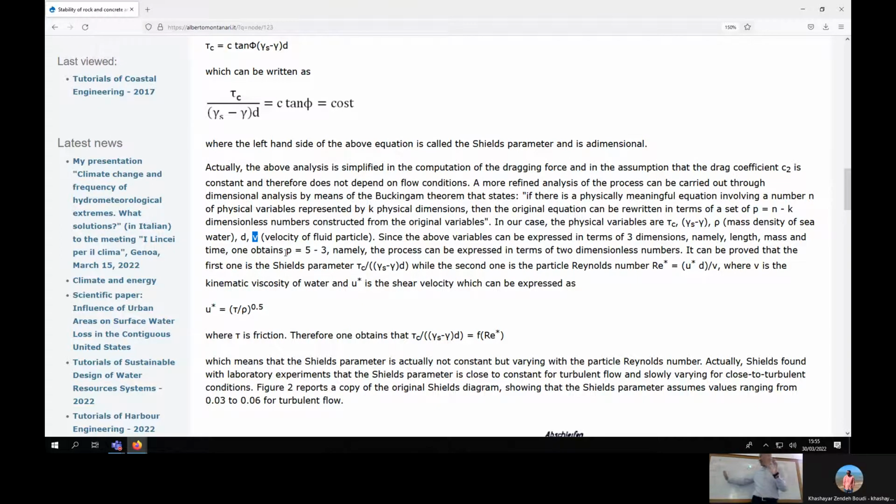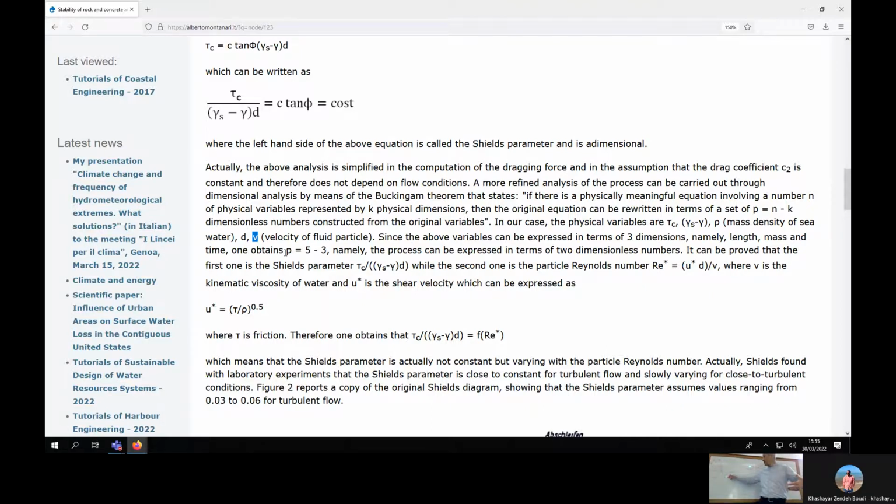The left part of this graph is laminar flow, which gives critical conditions, but it's laminar flow which gives a higher value of the shear number. And then for turbulent flow, you have a minimum of the shear number for increasing turbulence.